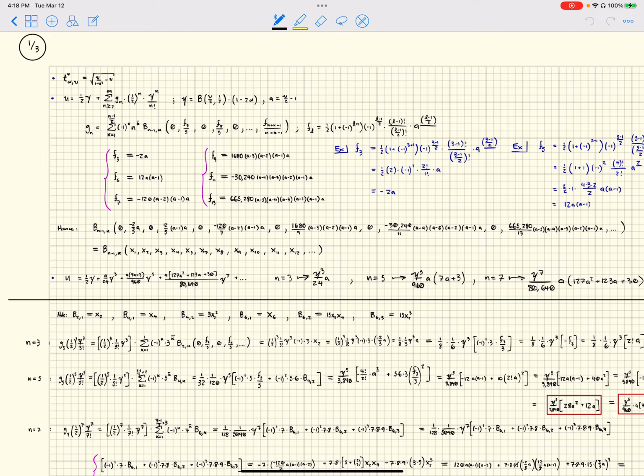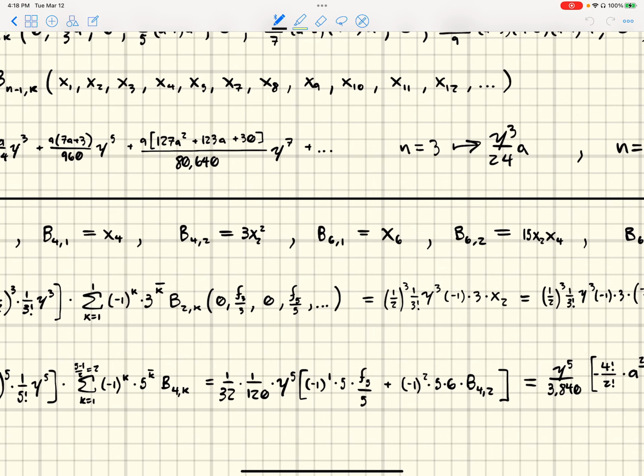A sum from 1 to 1 is just the term itself, which means our term is going to be -1 raised to the 1 times 3 to the 1 rising factorial times the partial Bell polynomial B sub 2,1.